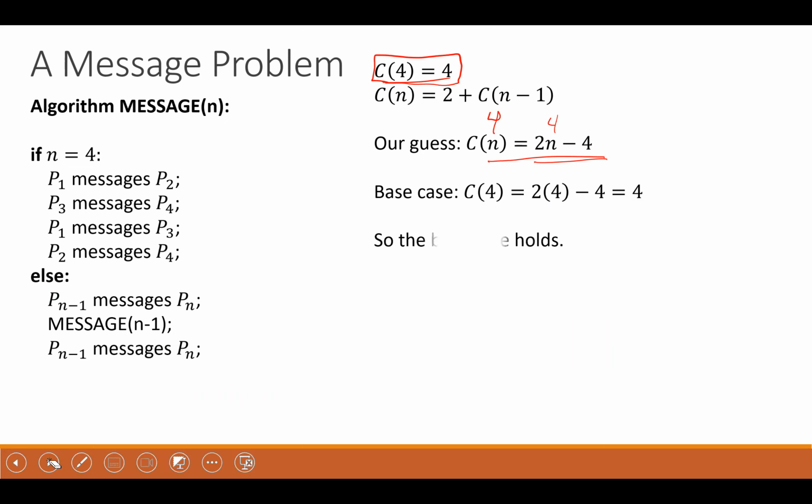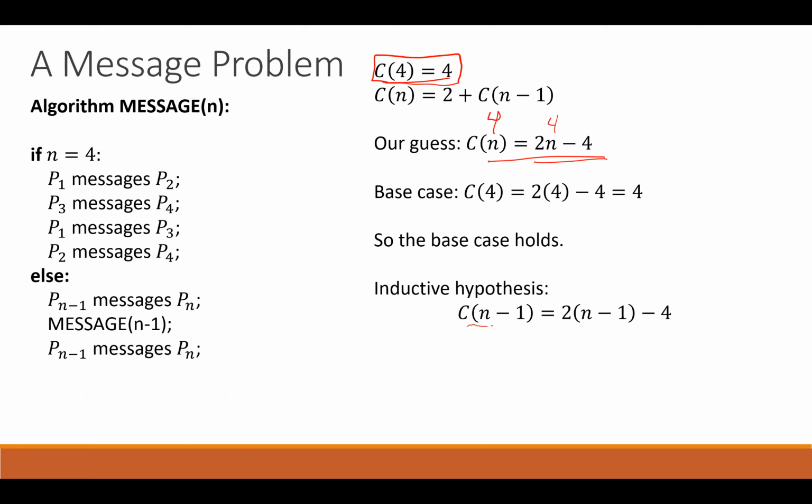Now the inductive hypothesis is I'm going to assume that this closed form is true for n minus 1. And then I'm going to use that to show that this is true. I'm going to take my recursive definition. So here I would have C n equals 2 plus C of n minus 1.